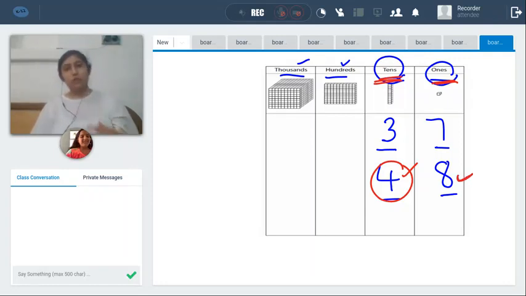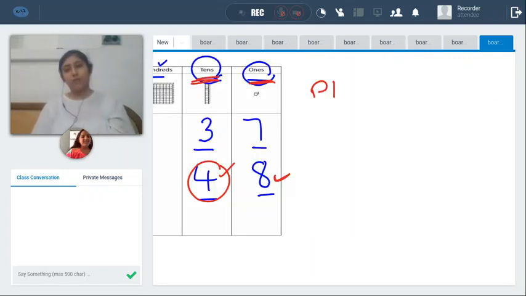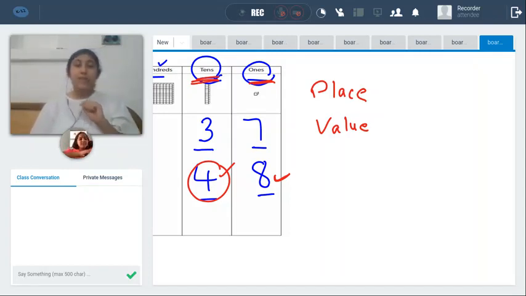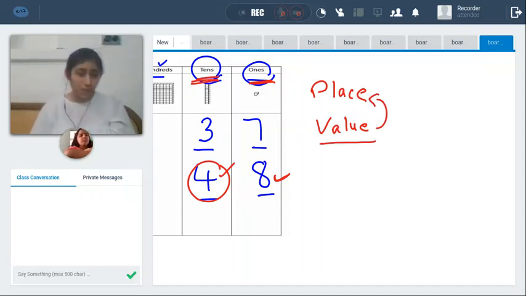Now, because today's topic is place value, we read about ones and tens. We know how to find the number which is at tens place or ones place, but we still don't know what a place value is, right? So let me tell you. As the name suggests, place value is basically the value of a particular place in a number.